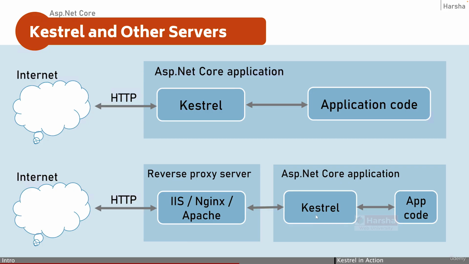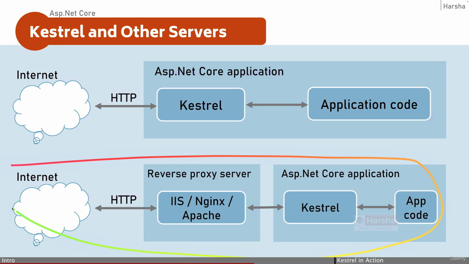Kestrel, as usual, sends the same response back to the reverse proxy server. And then the same response is sent back to the actual client who sent the request. So in real production scenarios, this is the process that happens.